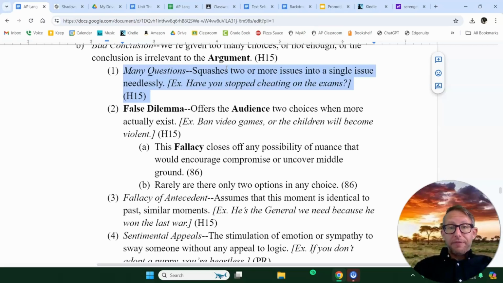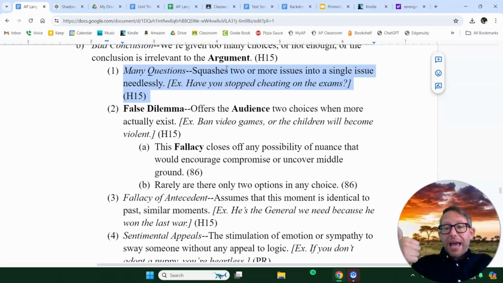And the classic example of that is, have you stopped cheating on the exams? Hold on a second here. That's actually two questions in one, okay? Are you a cheater is the first question, because what happens if the person has never cheated in their life? How do they answer that question? And second, if you have been a cheater, have you stopped cheating as of right now? So the question itself sort of assumes an answer to a question that is embedded within this wholly different argument.